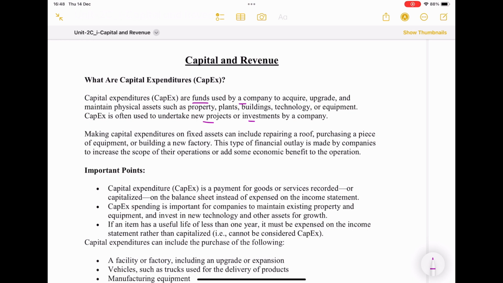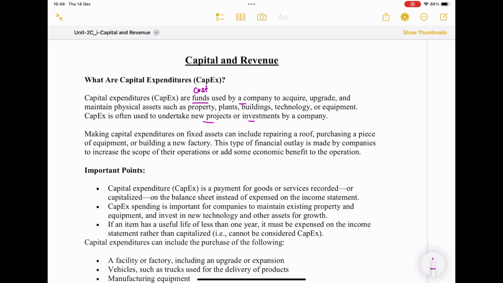Any fund, in the sense, is nothing but cost, or we can write capital expenditures are the amount incurred. We can use different terms, but the basic meaning of capital expenditure should remain the same. The expenditures we incur for a long term process, we identify as capital expenditures.